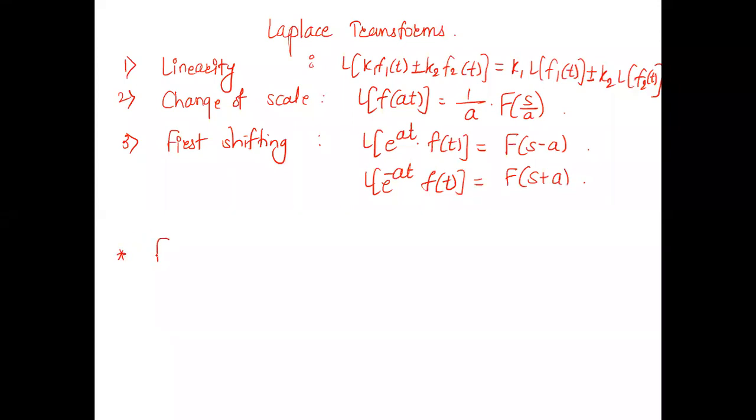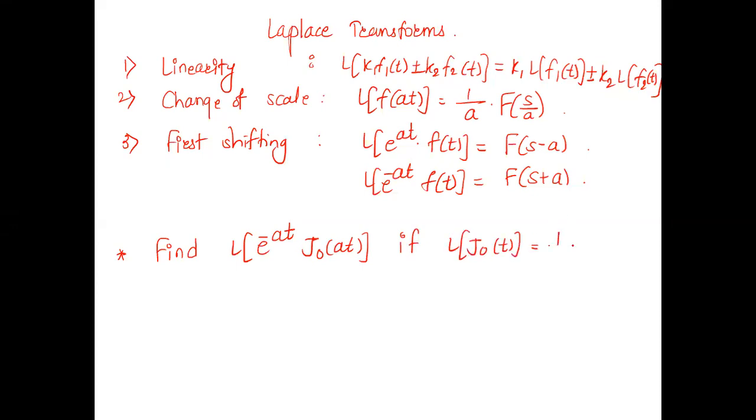So the question is: find Laplace transform of e raised to minus at into j naught of at, if Laplace of j naught of t is 1 upon root 1 plus s square.